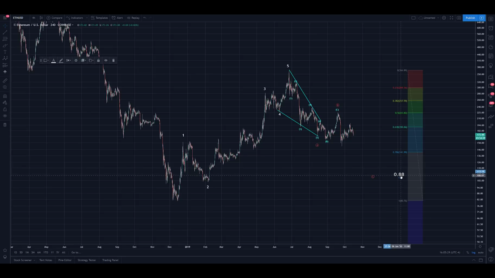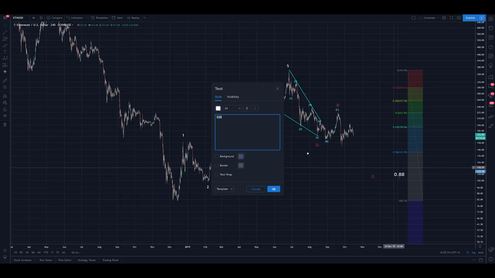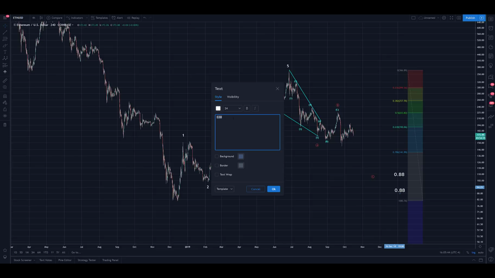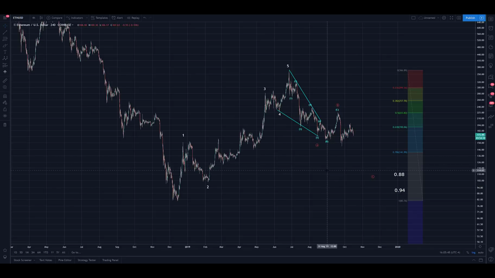And that's around 100 bucks. If you square root 0.88, what do you get? This is how Fibonacci works. You get a 0.94. In other words, 88% retracement, 94% retracement.